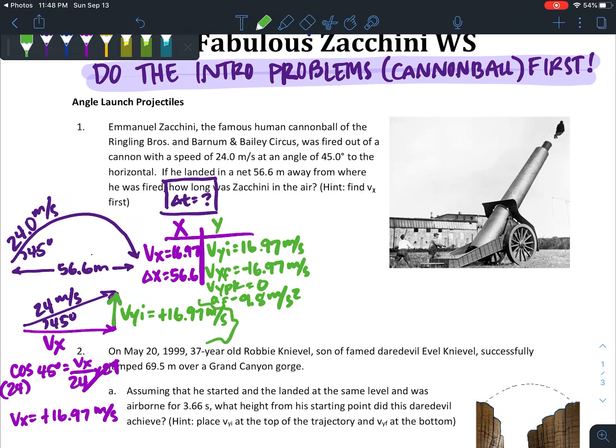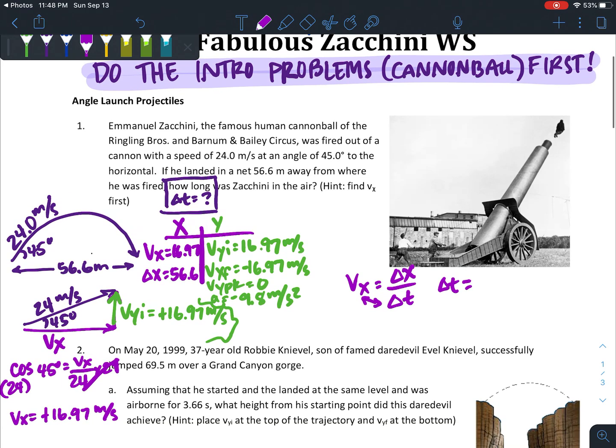Okay, so thinking about time, how long was Zacchini in the air, I actually could use either side of my chart. I've got a ton of information here. So what I'm going to choose is to use the x side because it's just a simpler equation. Okay, so Vx equals delta x over delta t. I'm going to manipulate that a little bit. I'm going to switch places like I do when I'm solving for the bottom.